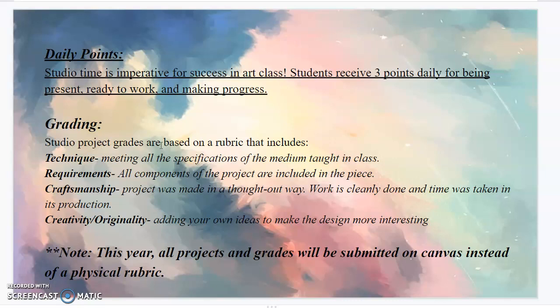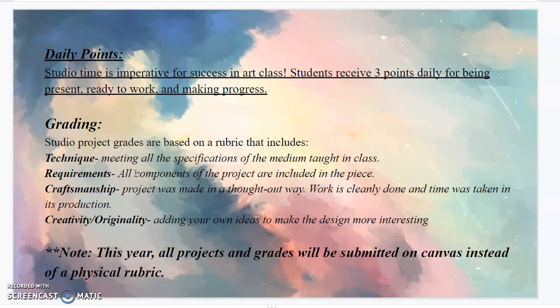Grading for their studio projects is based on a rubric that has these 4 things: technique, requirements, craftsmanship, and creativity and originality. What these basically mean is that each project is graded on: did they meet the specifications of the medium taught in class? So if we're using charcoal, did they use the charcoal the correct way? Did they meet the requirements or the components of the project? Like if they had to include their face, was their face in it?